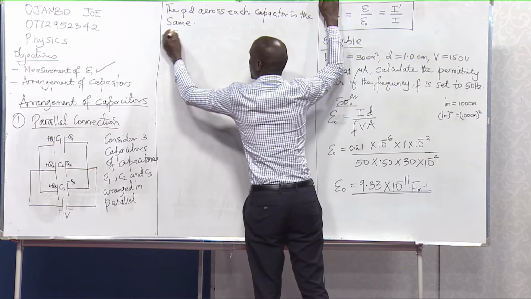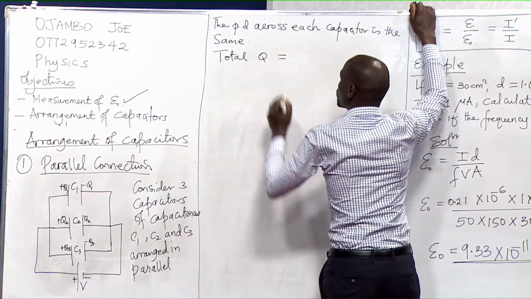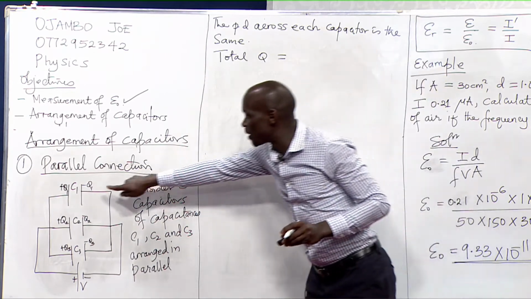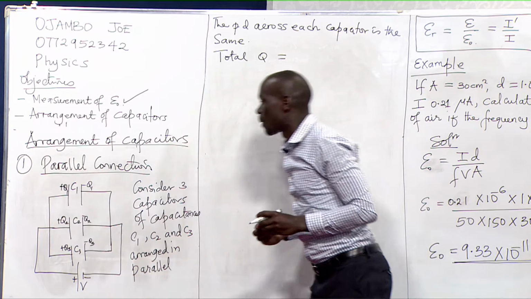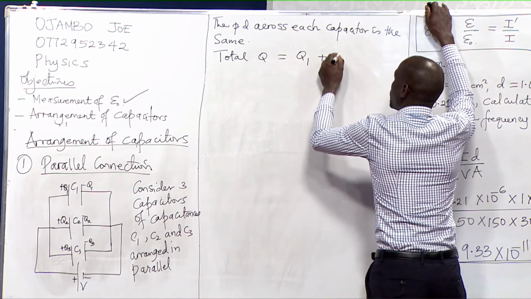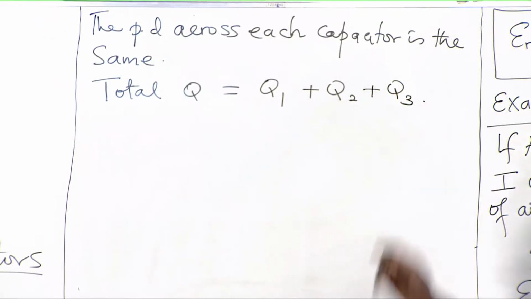Okay? Total charge Q, we've seen that total charge Q will be equal to the sum of the charges on each of the capacitors. So it is Q1 plus Q2 plus Q3. Okay?